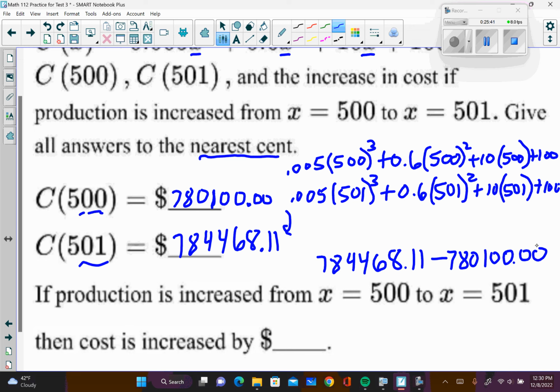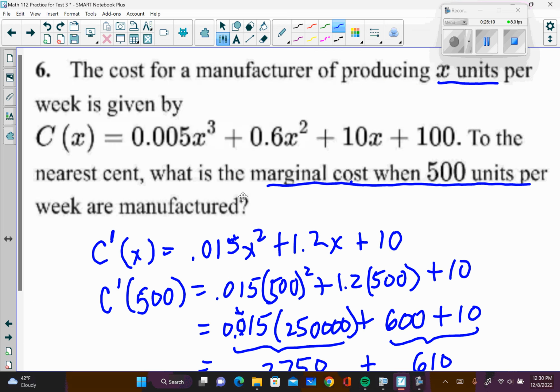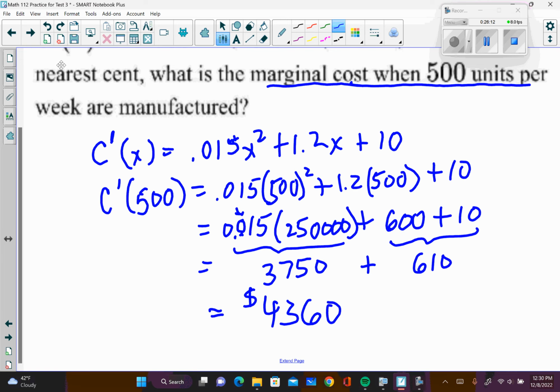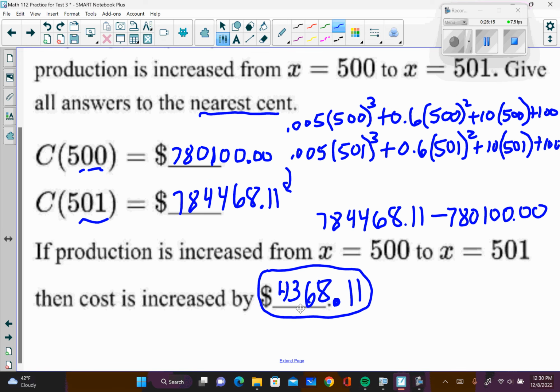And that is $4,368.11, which shows that if the production is increased just a little, from 500 to 501, the increase in cost is called marginal cost. That's why 4360 and this answer are pretty close, only off by $8.